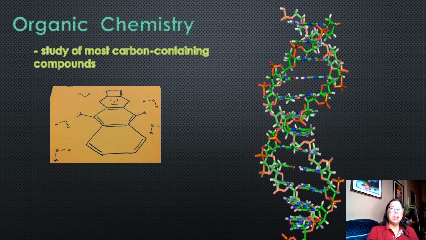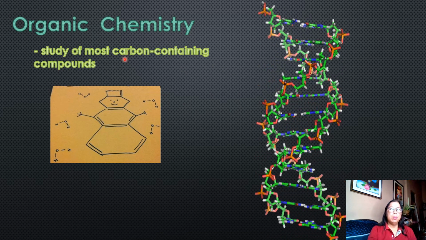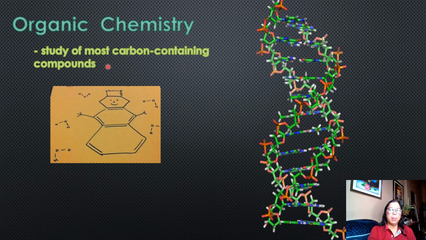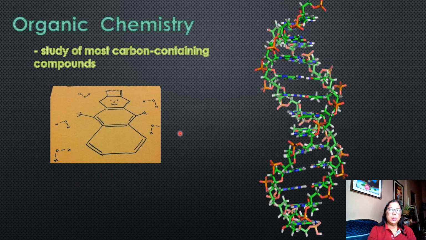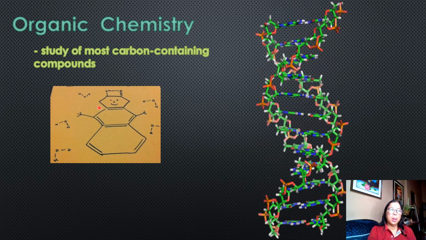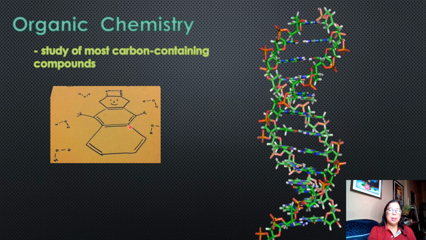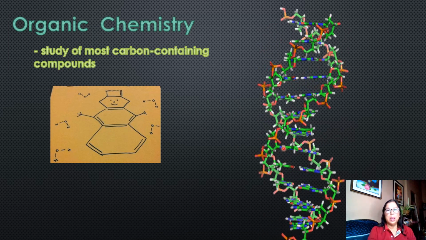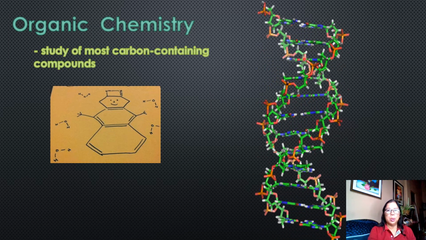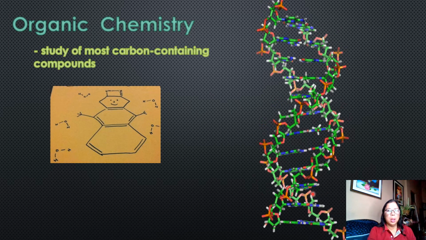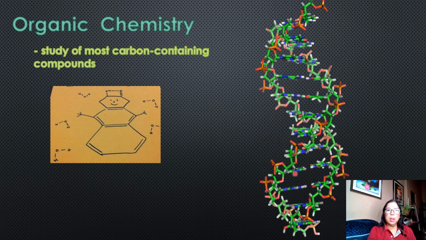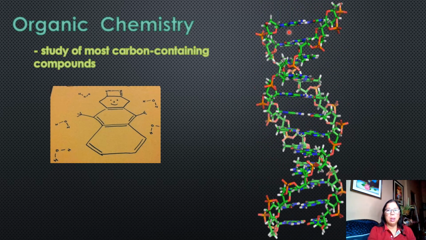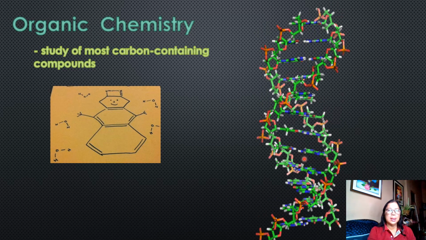Organic chemistry is the study of most carbon-containing compounds. So it could be as simple or as beautiful as this, and it could also be as complex as your DNA molecule. Your DNA molecule is actually loaded with a lot of carbons.